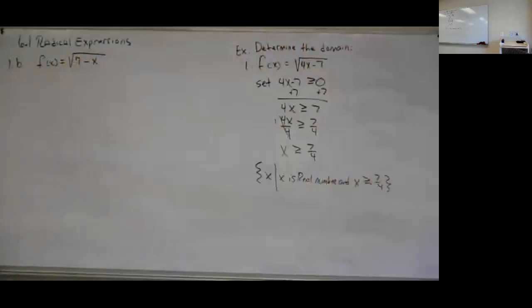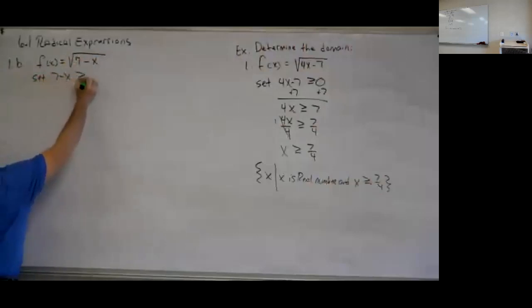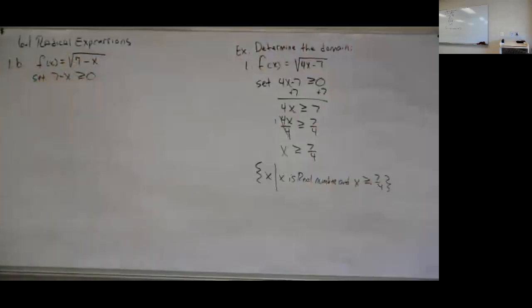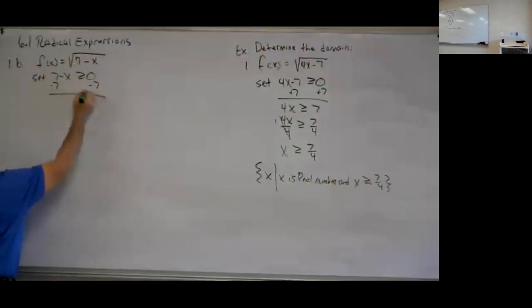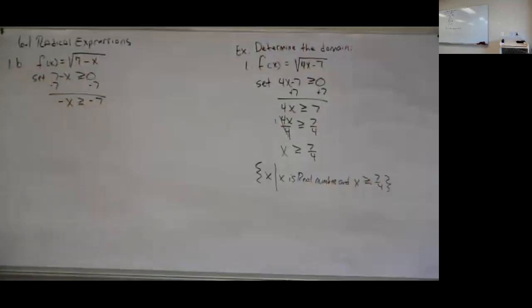So what we're going to do is take the 7 minus x, set it greater than or equal to your 0. All right, now we're going to solve that. So I'm going to start out probably by subtracting a 7. So that brings down to negative x greater than or equal to a negative 7.